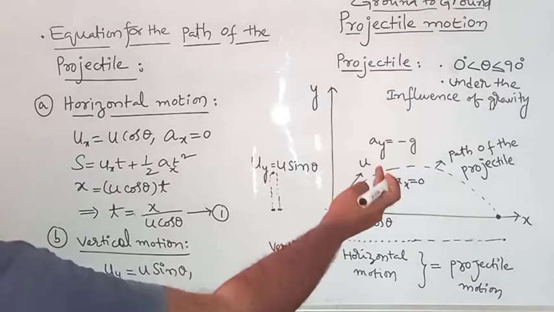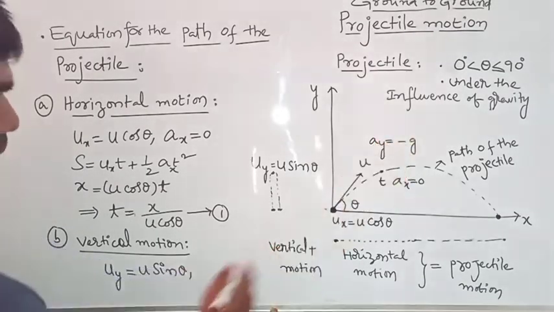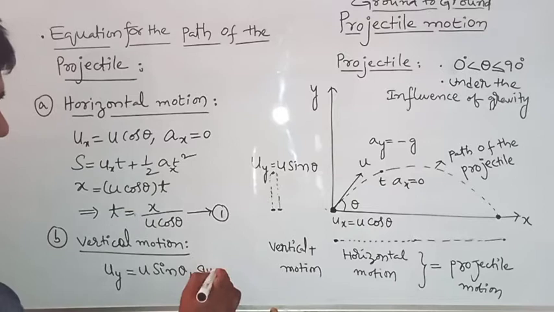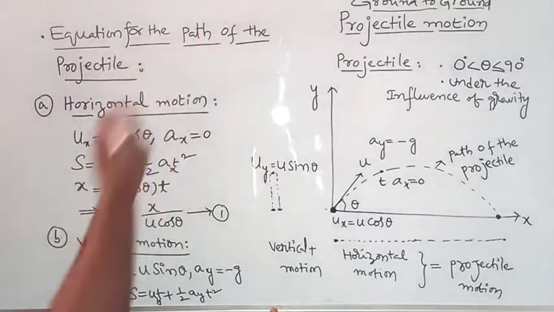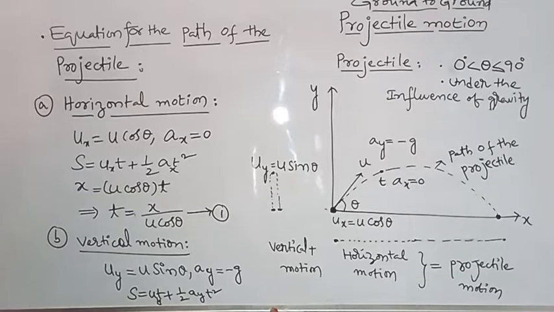And acceleration due to gravity along y-axis, ay is minus g. Now according to kinematic equations, along y-axis how much displaced? Formula is s equals ut plus half ay t square. By substituting this value you can get the equation for the path of the projectile.